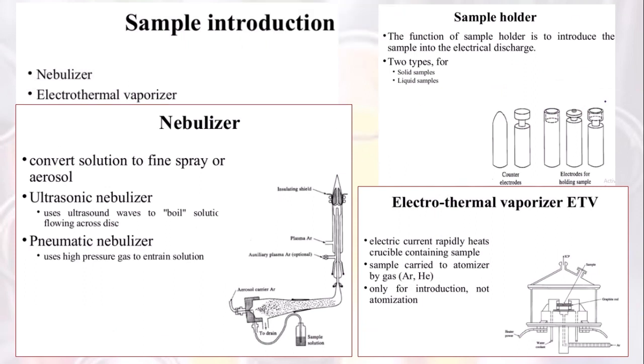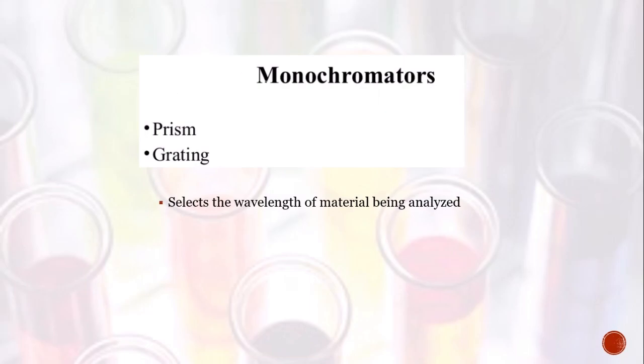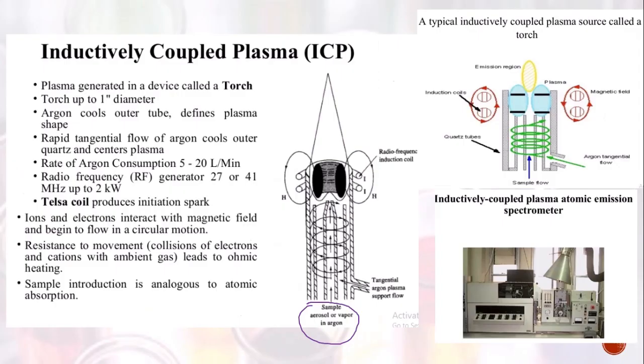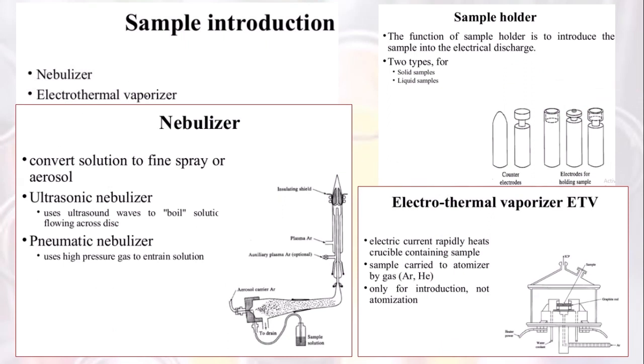Now, we have different ways in which we introduce the sample. Here, for example, how do we introduce this sample? One of them is using a nebulizer, and a nebulizer usually converts a solution into a fine spray or aerosol.